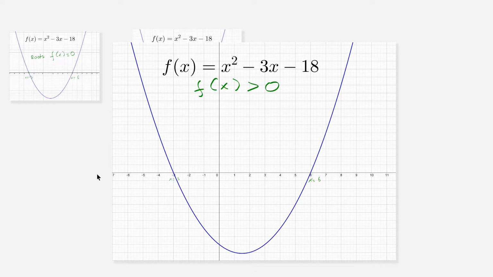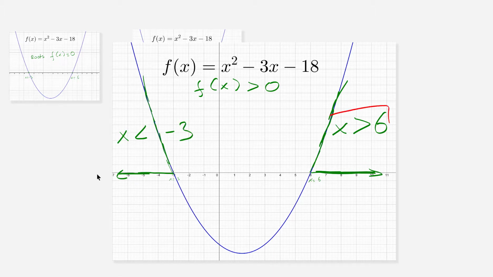Remember, the function's greater than 0 up here and up here. But what are the x values? The x values are the x values outside the roots, as we've already discussed. So this function will be greater than 0 when x is greater than 6 and when x is less than minus 3. When x is greater than 6, you can see that the function is greater than 0. And when x is less than minus 3, you can see that the function is greater than 0.